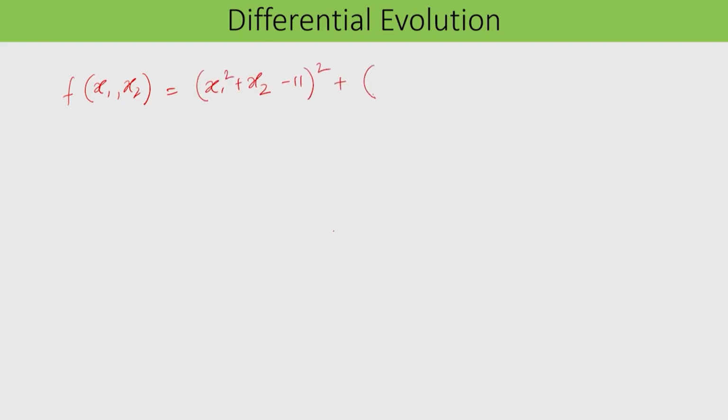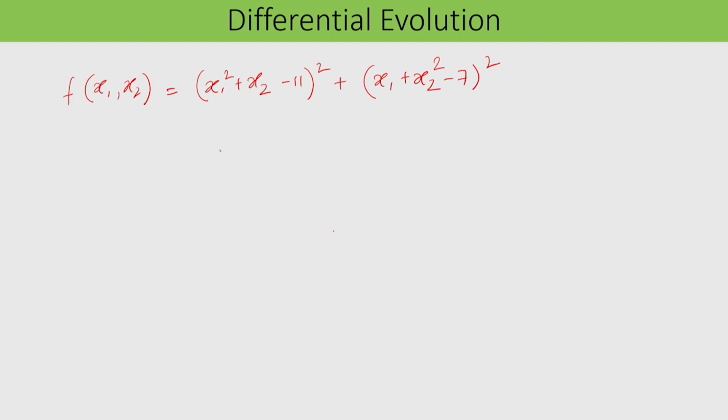In this case, I will be using this function first, that is f of x1 x2, which is equal to (x1 squared plus x2 minus 11) whole squared plus (x1 plus x2 squared minus 7) whole squared.